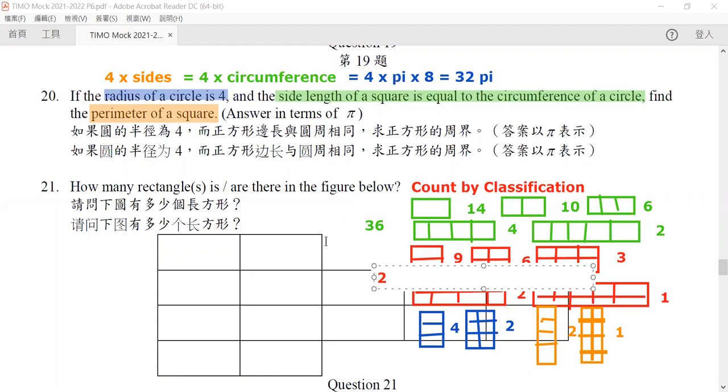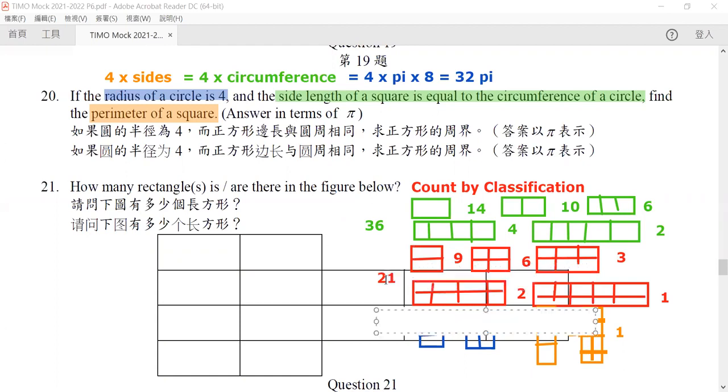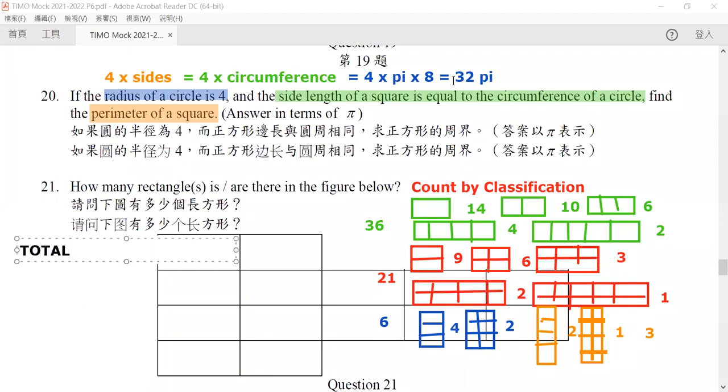For all the blue, it will be equal to 6, and for all the orange, it will be equal to 3. So our answer at the end, the total, is equal to 36 plus 21 plus 6 plus 3. So it will be equal to 66. Okay? Yay.